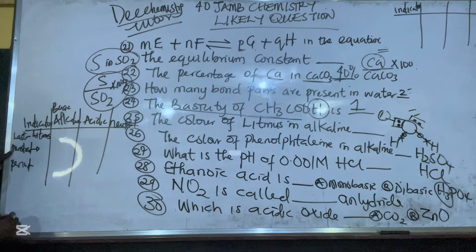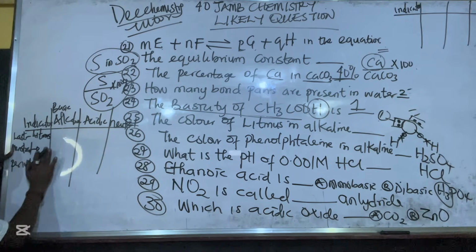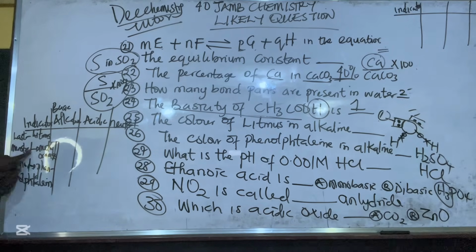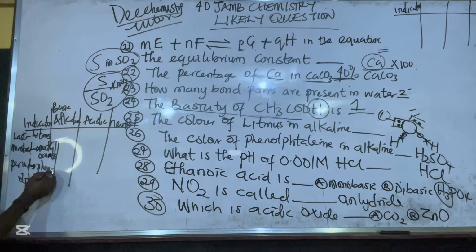This M is methyl orange. Then this P means phenolphthalein. So these are the 3 major indicators: litmus paper, methyl orange, phenolphthalein.